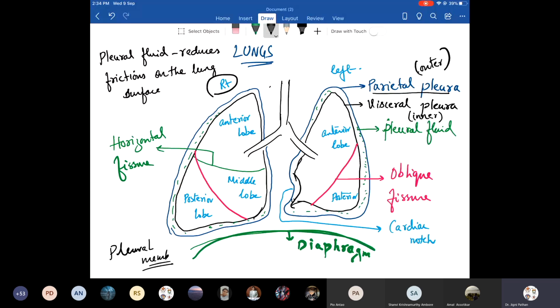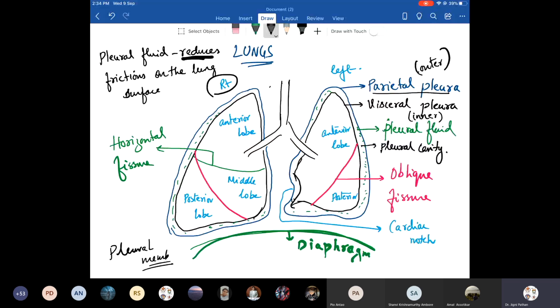In between the outer and inner, there is a cavity that is called pleural cavity. This cavity is not empty. This cavity is filled by pleural fluid. What is the function of pleural fluid? To reduce the friction on the lung surface. The presence of pleural fluid is important because it reduces the friction on the lung surface.